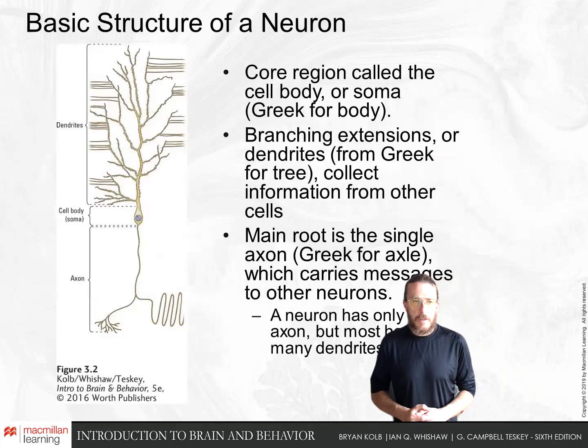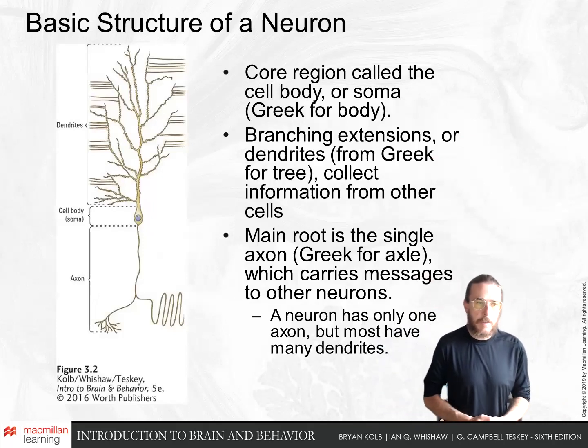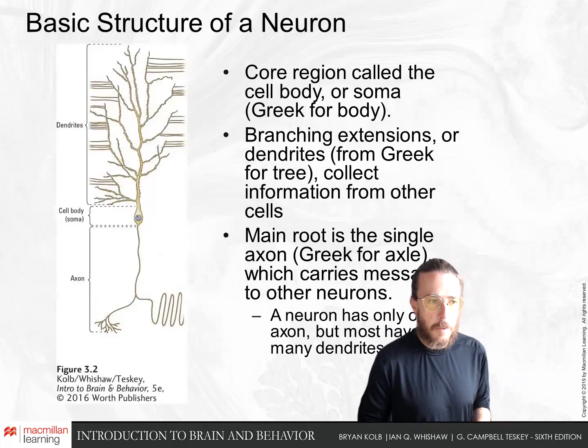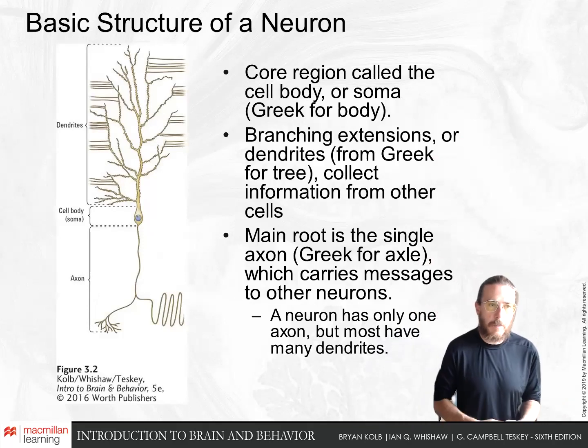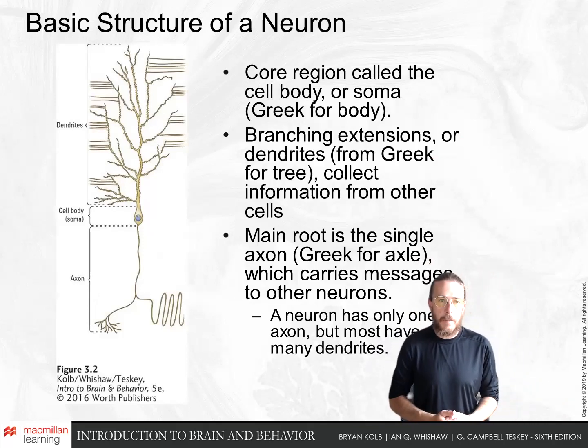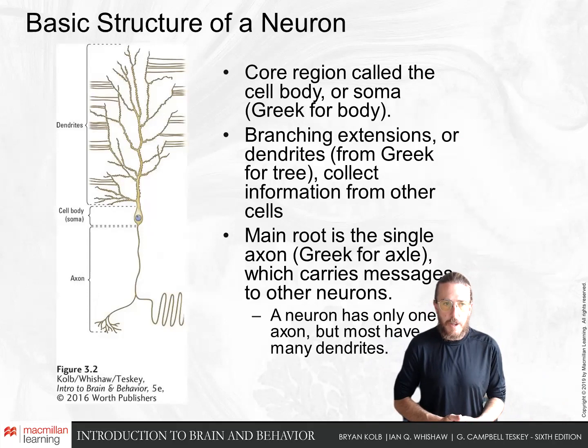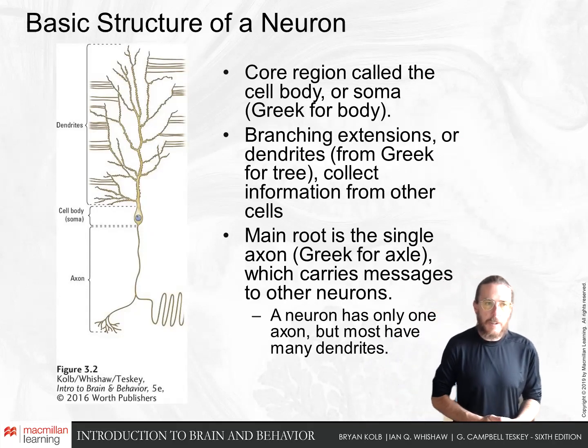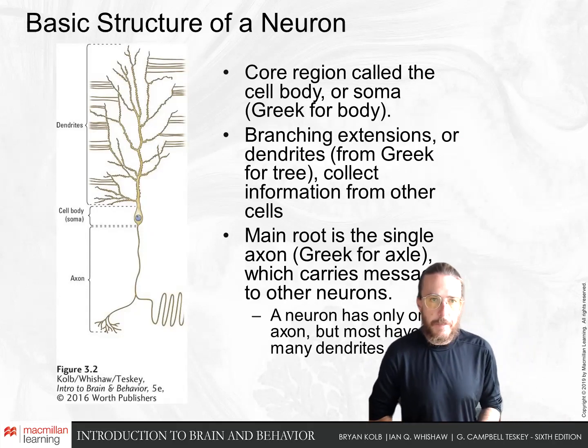So a neuron, as you've learned in your previous classes, is a cell with a cell body like our other cells, but it has these often long branching structures associated with its cell membrane called either dendrites or axons.